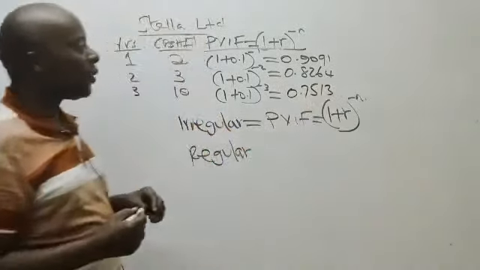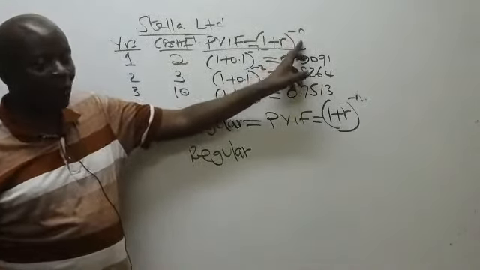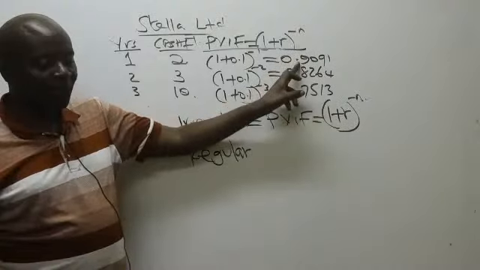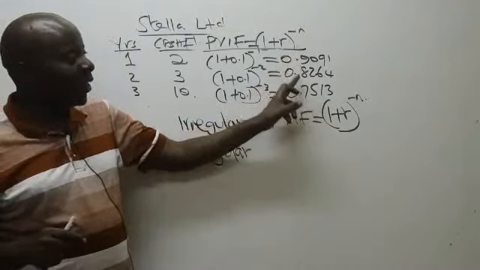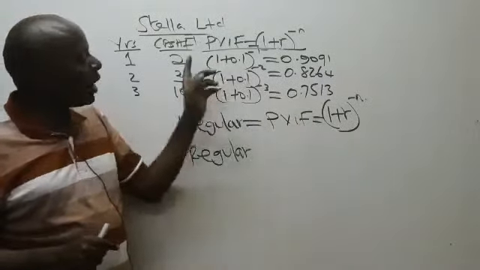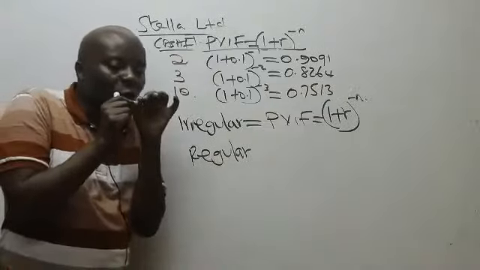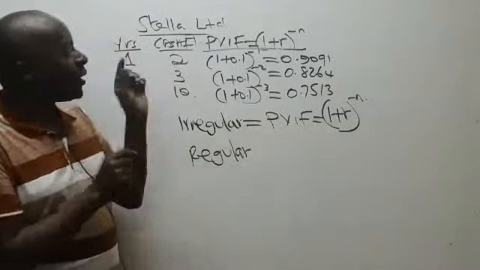As you progress, a shilling, remember we started from a shilling at the end of year 1, has shed something. At the end of year 2, it's shedding like that. So whatever you have here, these are our present value interest factors that we shall be using to discount these cash flows.